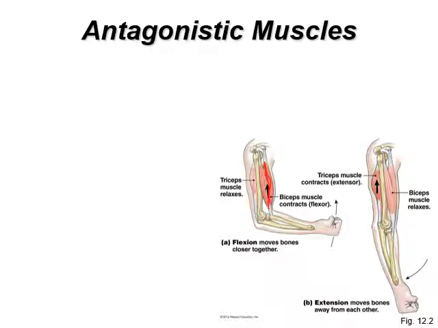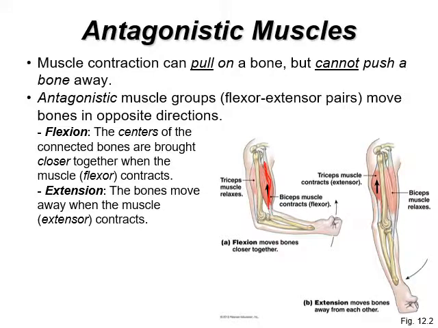So that requires that there are antagonistic muscles. To flex the arm, I need a muscle on the front here that pulls the arm towards shortening, but this muscle has no force pushing the arm back. So how do we do that?